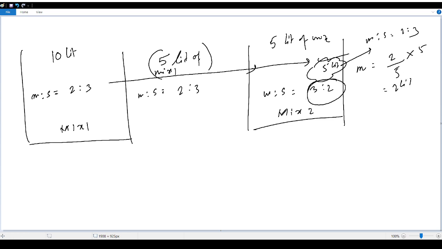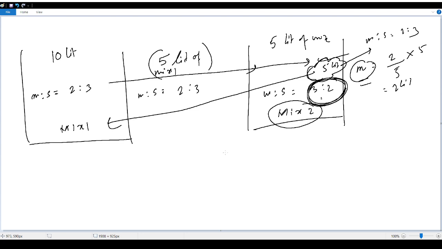Don't take this ratio, because this ratio belongs to mixture 2. This particular milk that is coming belongs to this 5 liter of mixture, which in turn belongs to this category, this family. So that is why we need to take the ratio of the first container, 2 by 5 into 5, that is 2 liters. Because when you see this sum later on, you will wonder why I took 3 is to 2 while calculating the amount of syrup in the first container, when the ratio was different.